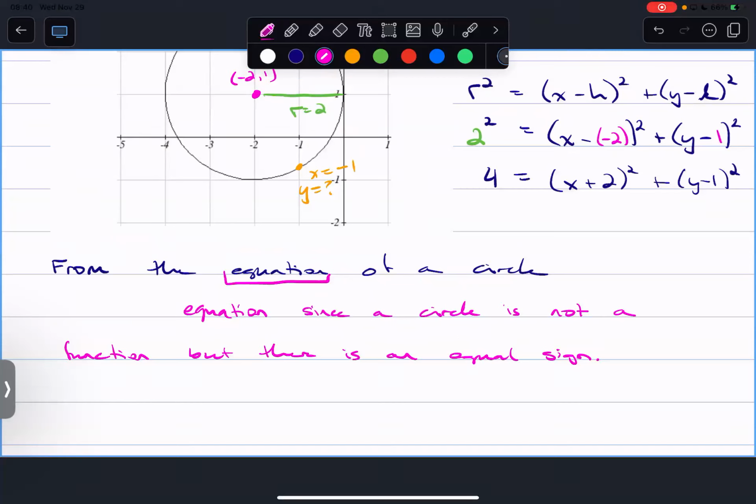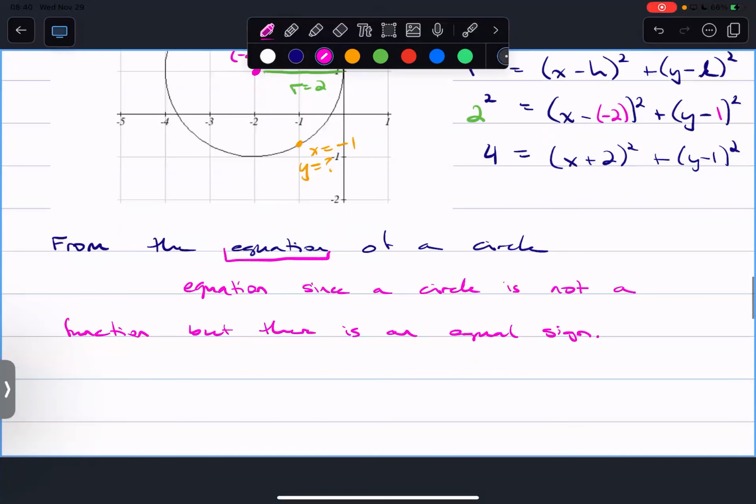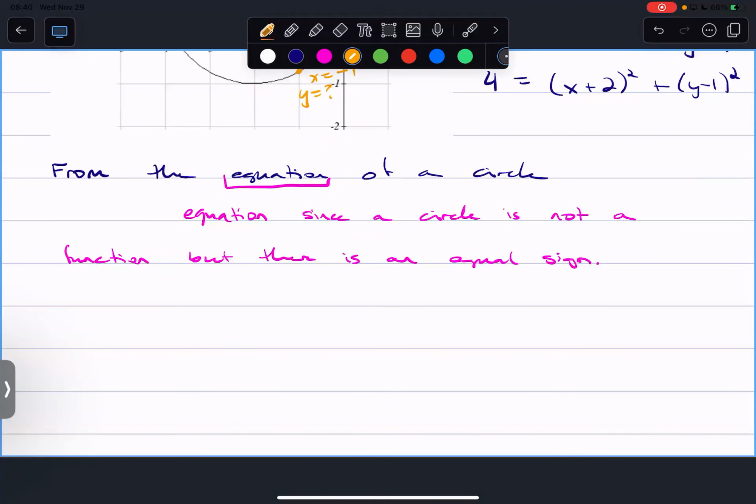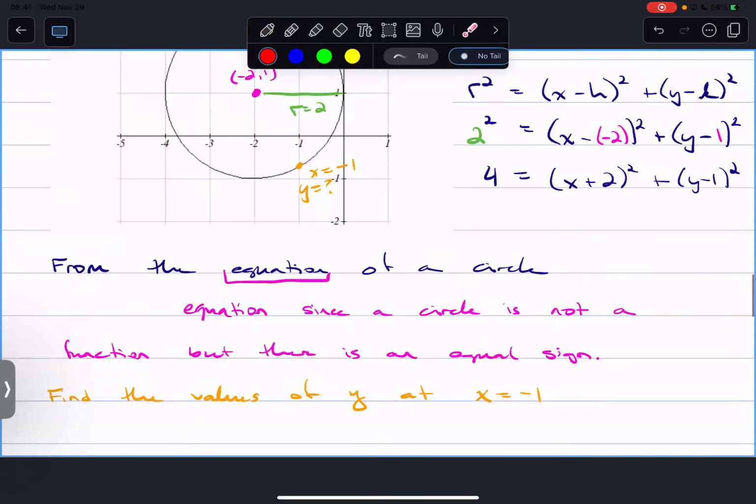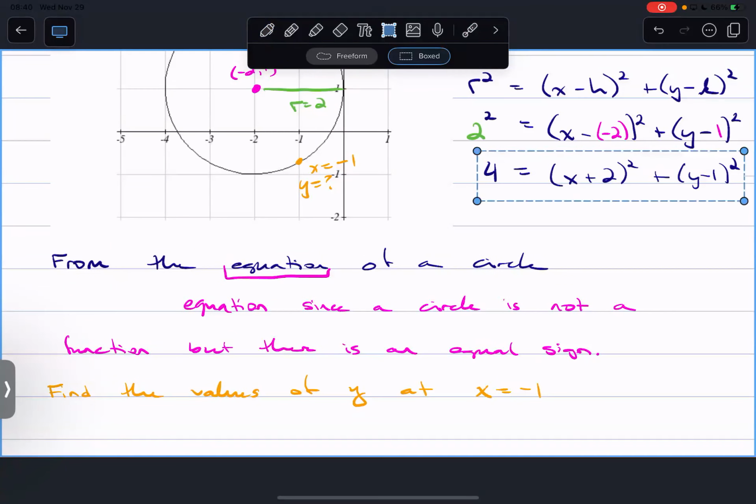All right. So let's say, find the values of y at x equal to -1. Let's do that. We have the equation of the circle set up already. And so I'm going to force x to be -1. I'm just going to snag this here.